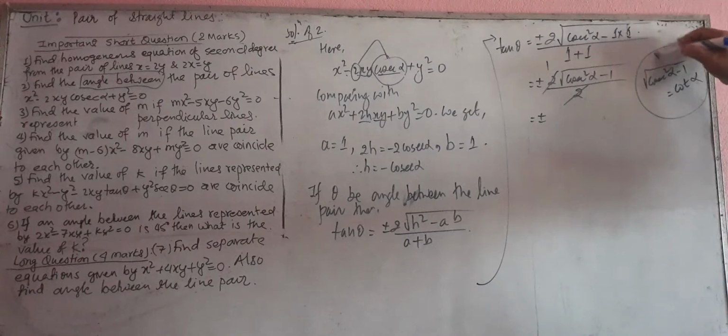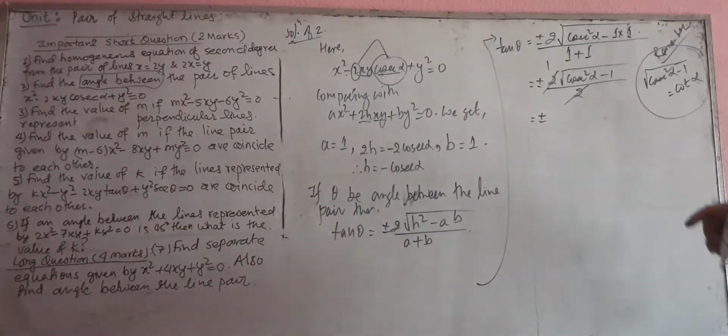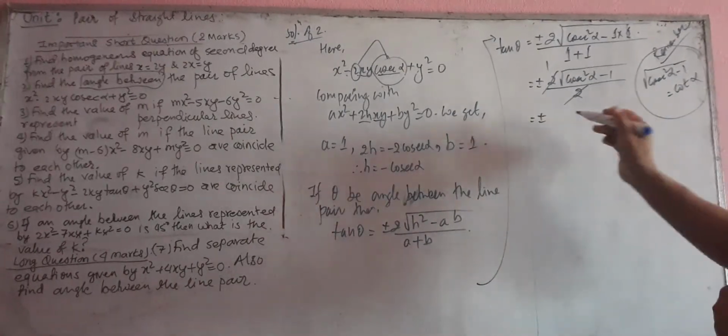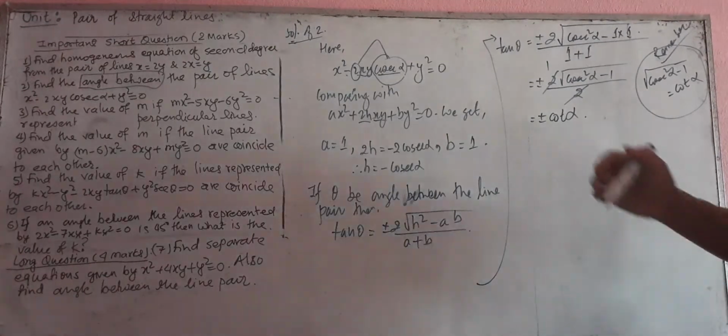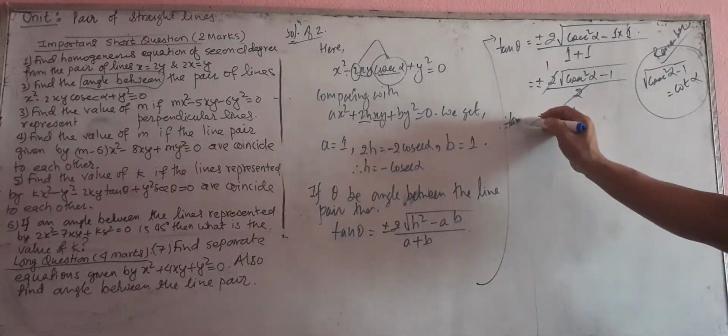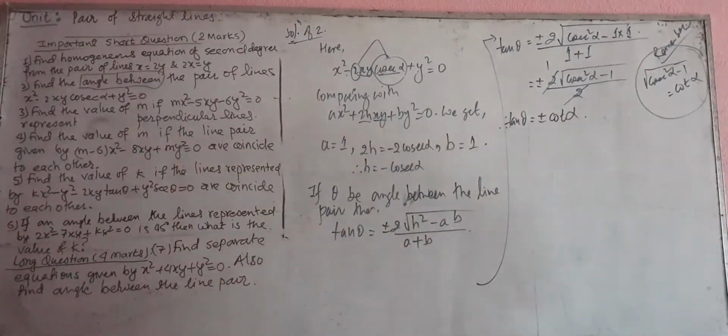Remember this, this is a formula from the class 9 trigonometry chapter. So we write cot alpha. So we have got tan theta equal to plus minus cot alpha.